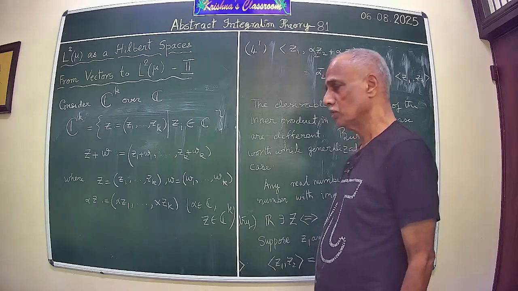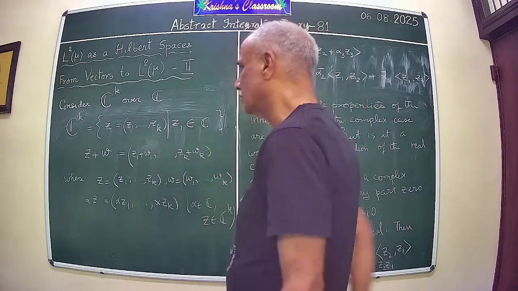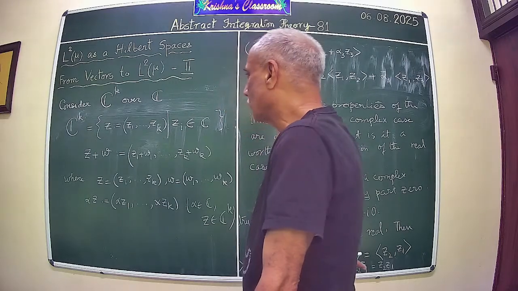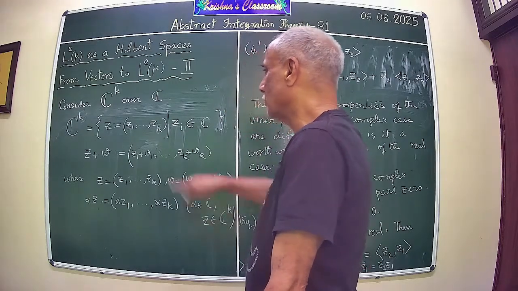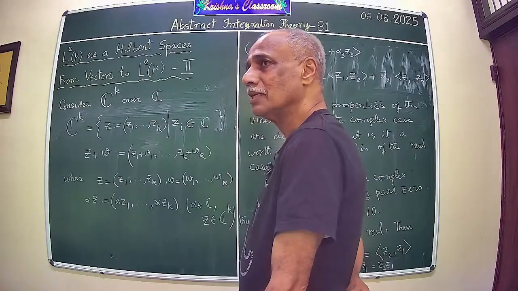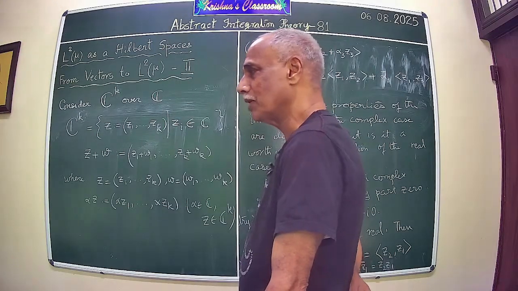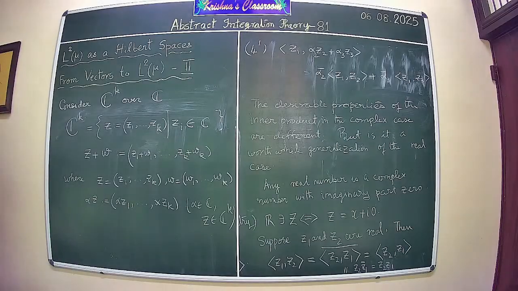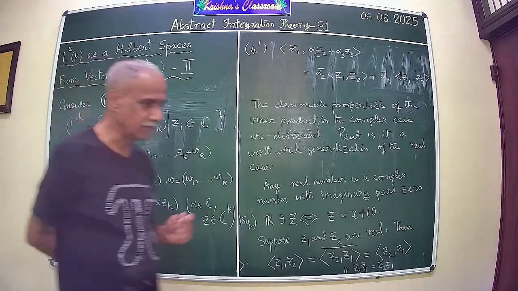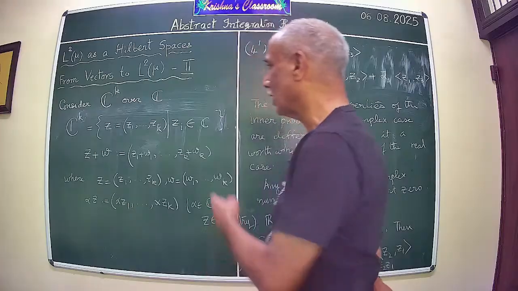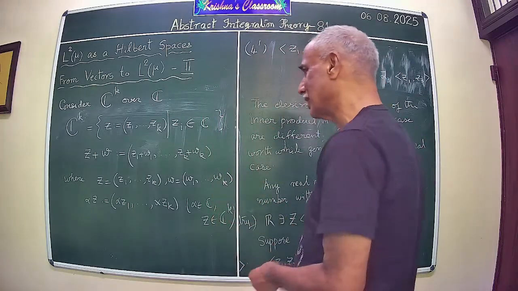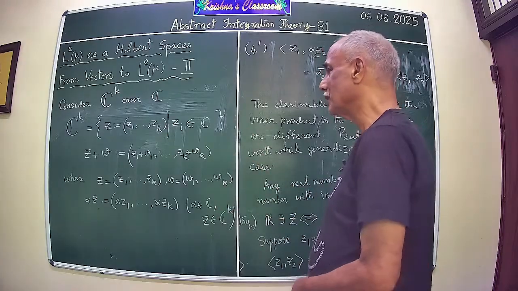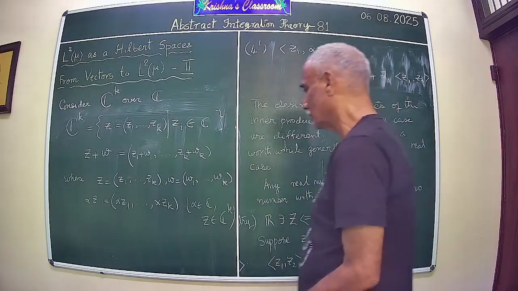Okay. This is a direct generalization of this, because you see that Ck becomes Rk provided every one of these complex numbers is a real number, because every real number is a complex number. So Rk goes inside that. Okay, right.